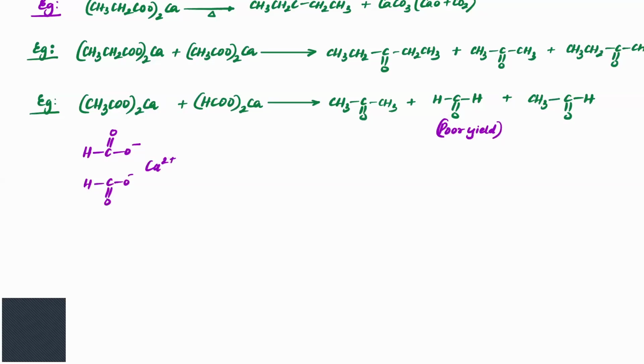As I told you earlier, first this carbon dioxide will go away, and then this carbanion is supposed to attack here. So it can attack there, and it can also take this H⁺. Both are feasible, which means you can get H2 gas plus carbon monoxide, or you can get H-C(=O)-H. So these three can be formed. That's why the yield is not good when it comes to formaldehyde. Okay.